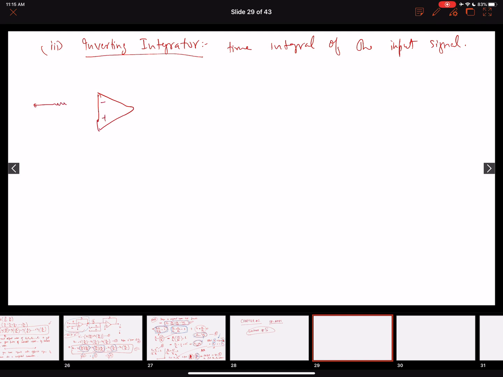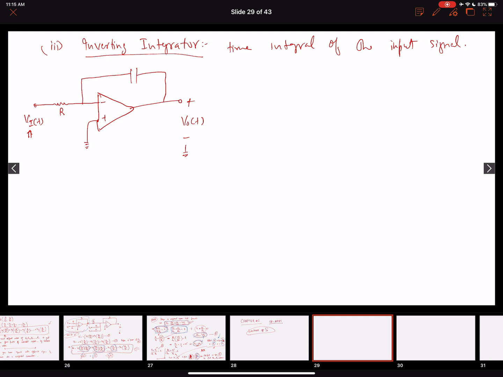Right, so this is the inverting configuration that you have seen before so many times by now. And this is V naught of t. Vi of t is the input, and we want to find the time integral of this input signal.